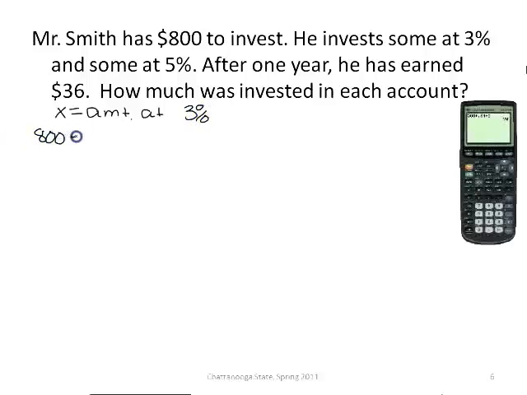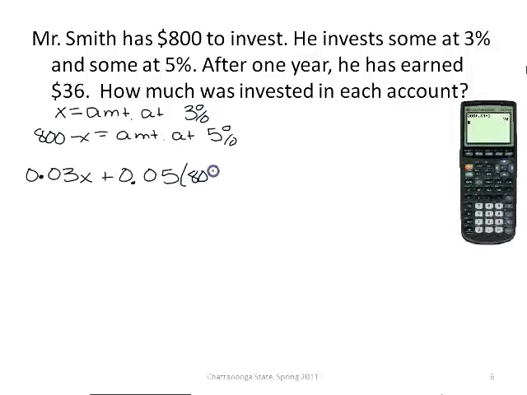If he's got a total of 800, 800 minus X would be the amount he invests at 5%. So the total amount of money that he's going to earn is going to be 3% times X plus 5%, 0.05, times 800 minus X. That's going to be the amount of interest.